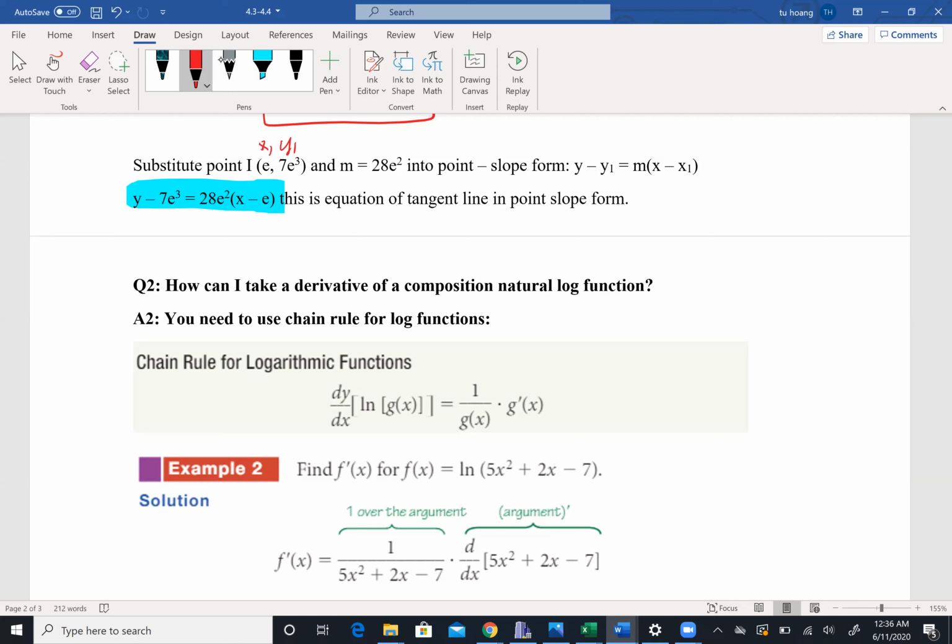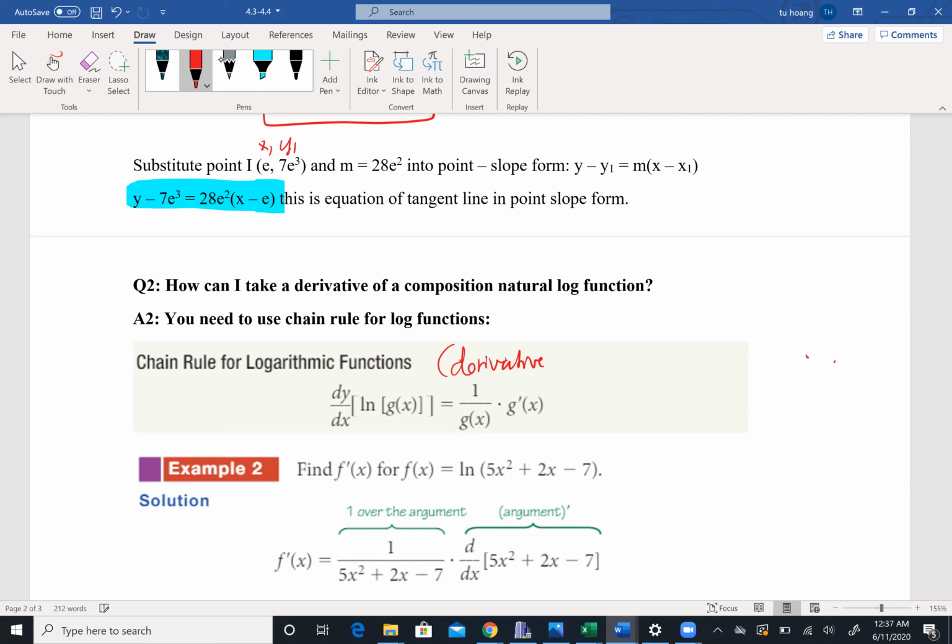So say derivative of the outside function multiplied by derivative. Oh, this is not enough.